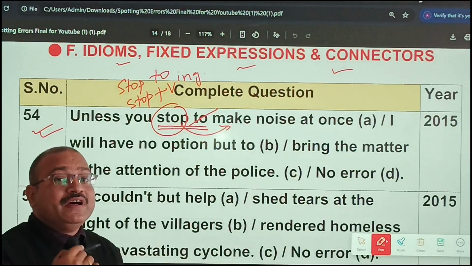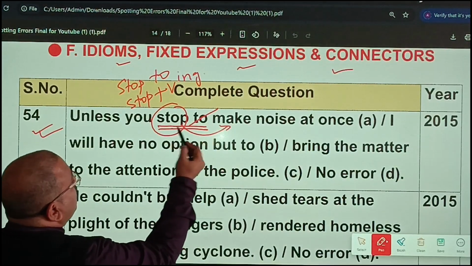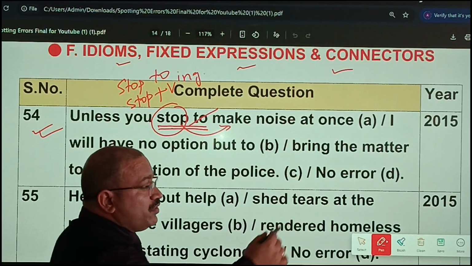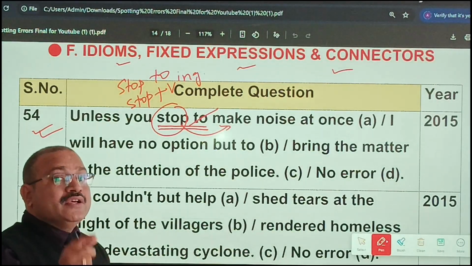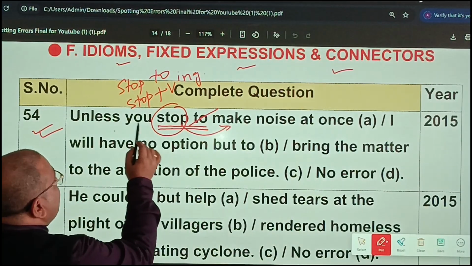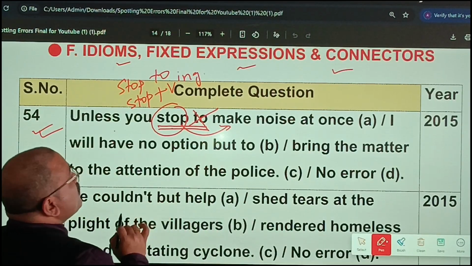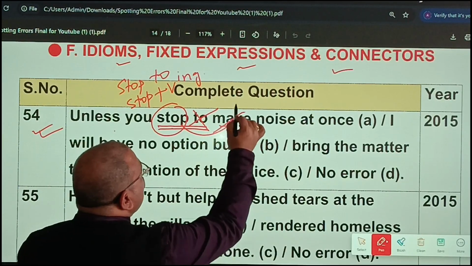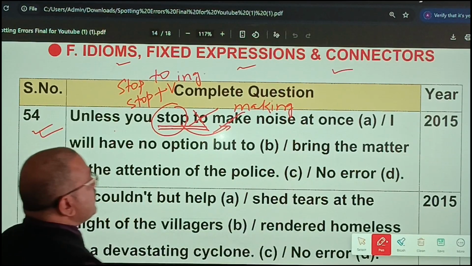ING, verb ING. Now, unless you stop to make noise, noise was already happening. So, the activity was on. So, stopping. So, unless you stop to make noise is wrong. Unless you stop making noise.